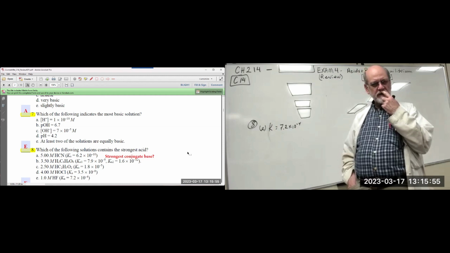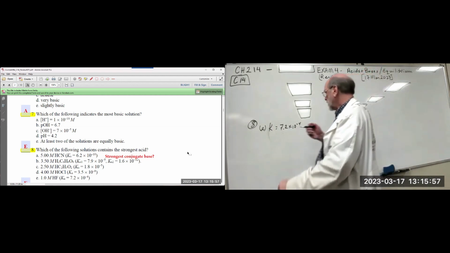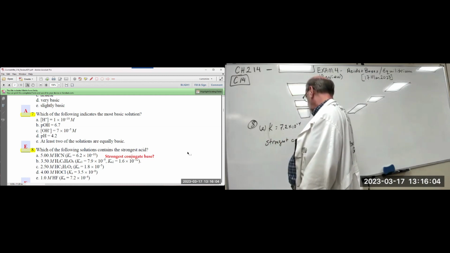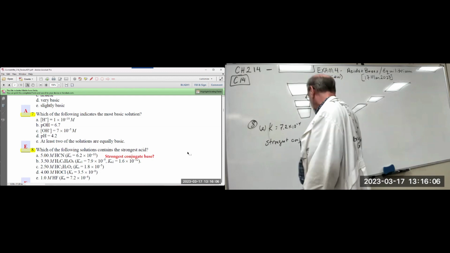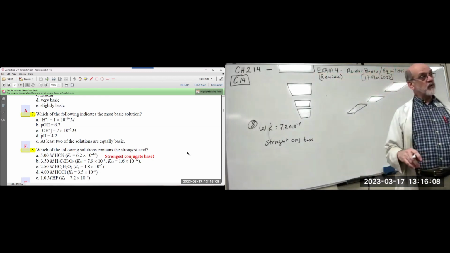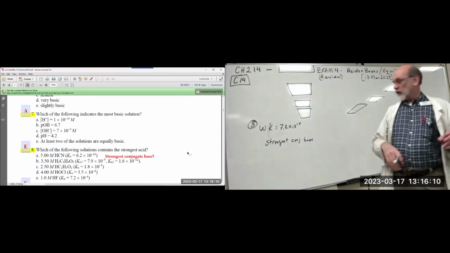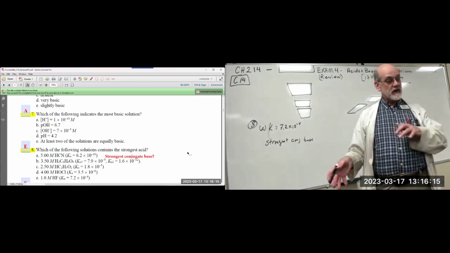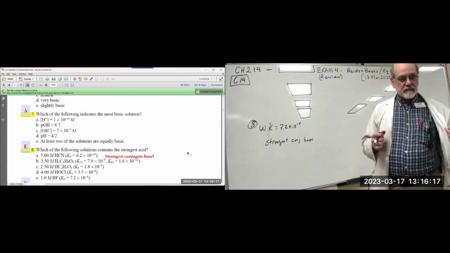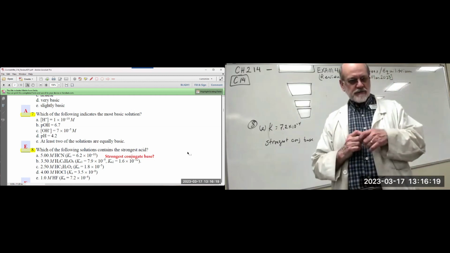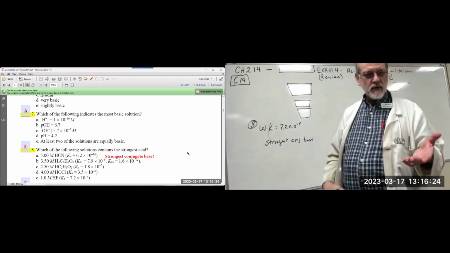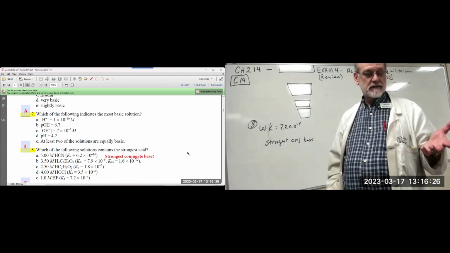Just for argument's sake, what would be the strongest conjugate base out of that bunch? Okay, the strongest acid is going to make the weakest conjugate base. So it won't be that one. It'll be the weakest acid that makes the strongest conjugate base. Now, the tendency there is to look at just the first one. And if that's the case, then we pick A, right?